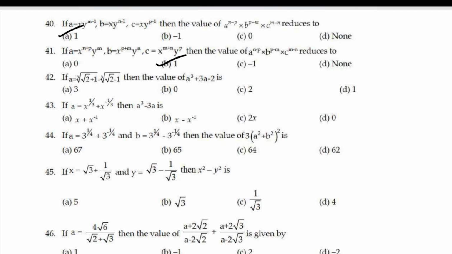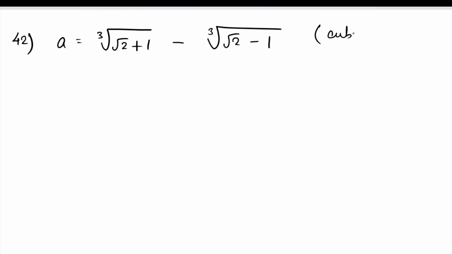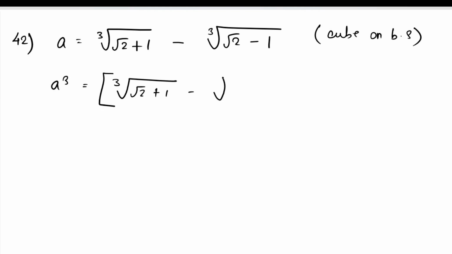Now 42nd question. Given that a is equal to cube root of square root of 2 plus 1 minus cube root of square root of 2 minus 1. Now here we are cubing it on both sides. So we'll get a cube is equal to cube root of root 2 plus 1 minus cube root of root 2 minus 1 the whole cube.